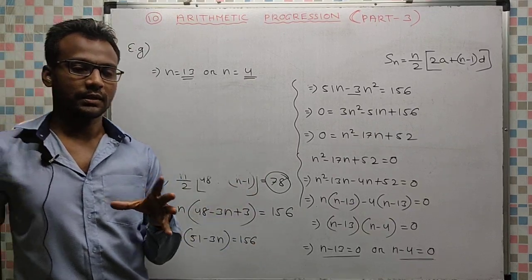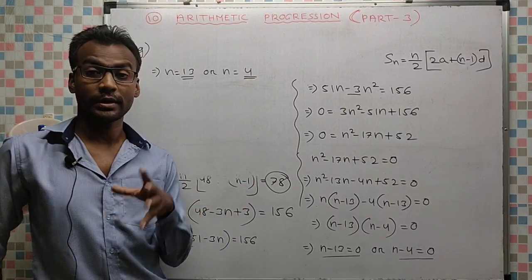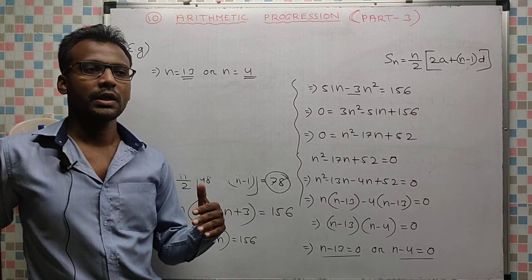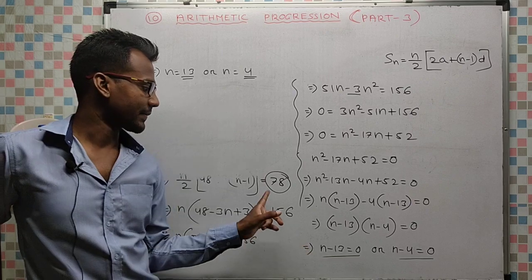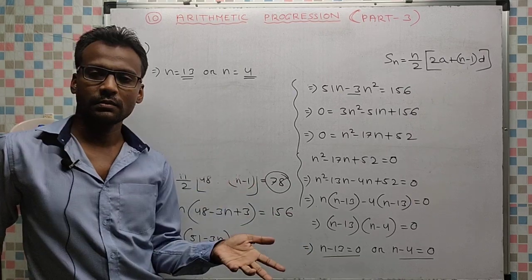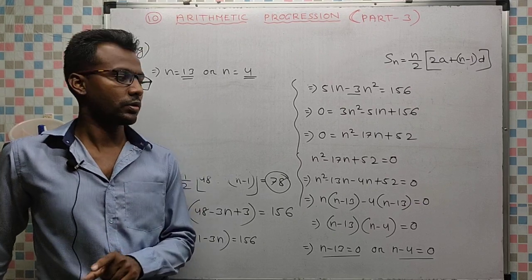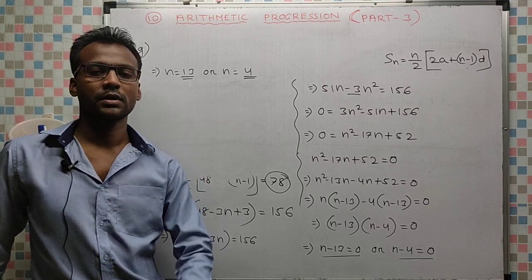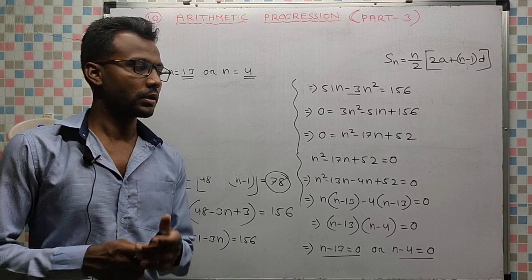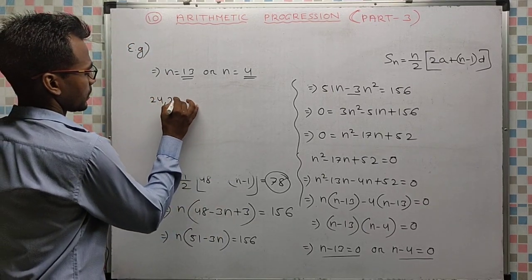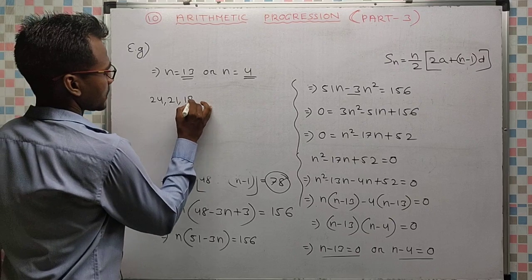Now you may be wondering how two values are possible. If we take the first 4 terms, the sum will be 78. If we take the first 13 terms, then also the sum will be 78. How is it possible? It is possible because this AP has negative terms also. You can see the AP started from 24, then 21, then 18.